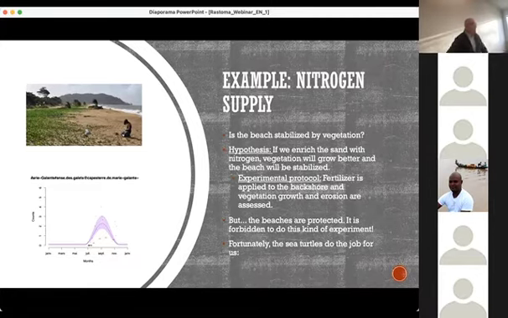The problem is that the beaches are protected and it is forbidden to manipulate the nitrogen contents of the beach. We didn't have the authorization to use fertilizer on the beach. I don't say it's bad, it was very good, but we cannot do the experiment to test if there is an impact of the vegetation.